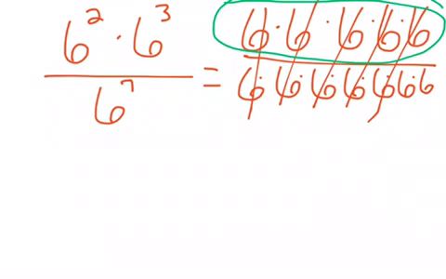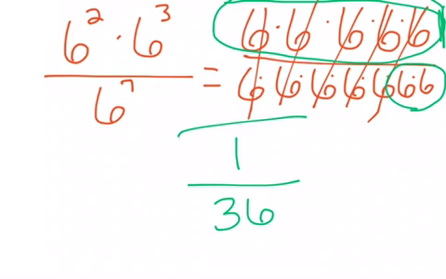But remember that in multiplication, all numbers have another factor of 1. We can't leave the top of the fraction blank. We can leave a numerator off as an understood 1. So we're going to put a 1 on top, and then 6 times 6 is 36. So that is what you get when you evaluate this problem.